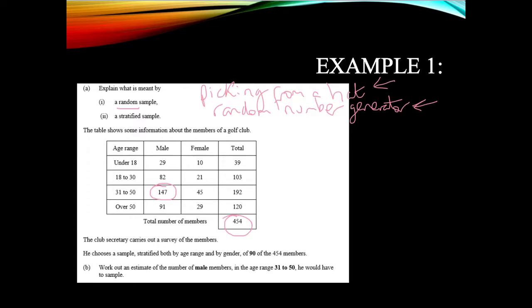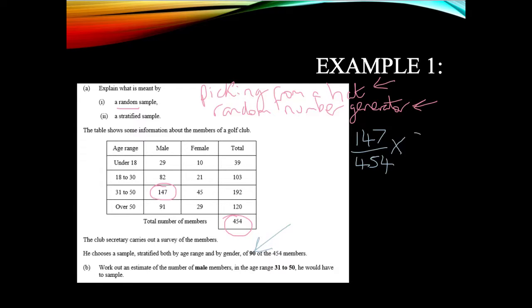Now, I've used that word out of on purpose. We're going to use our good old friend, the divide. So let's write this down. 147 out of 454. Now, we need to apply that proportion, that ratio, that fraction of people, the number out of the whole, to 90.